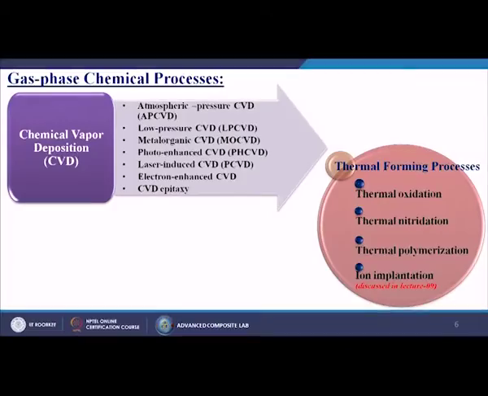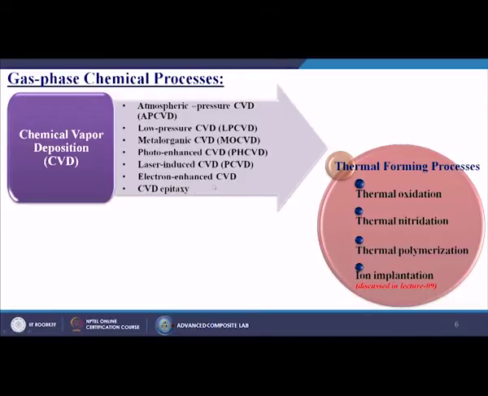Here we use the chemical vapor deposition process, which is also divided into different types: atmospheric pressure CVD, in short APCVD, low pressure CVD, LPCVD, metallo-organic CVD, MOCVD, photo enhanced CVD, laser induced CVD, electron enhanced CVD, and CVD epitaxy.